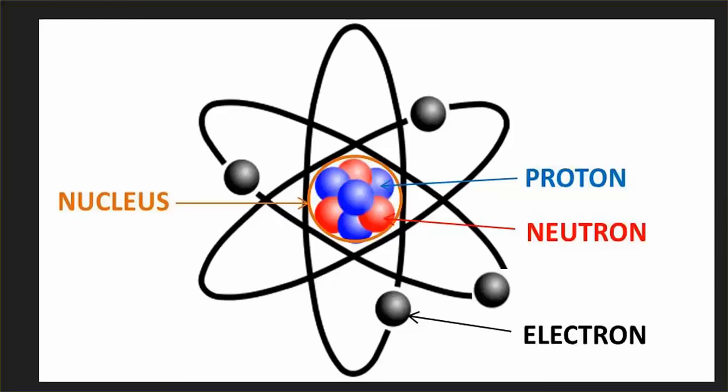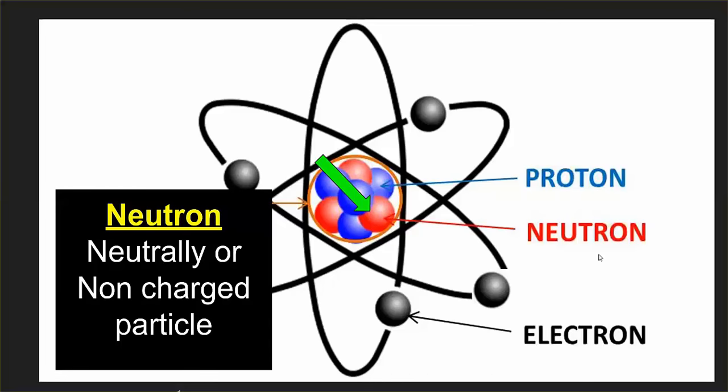In the core of the atom, there's also a neutrally charged particle called the neutron, and the neutron is a kind of boring part of the atom. There's no charge, but it does create a little bit of mass. The interesting thing about neutrons is that they don't have to balance out with anything.